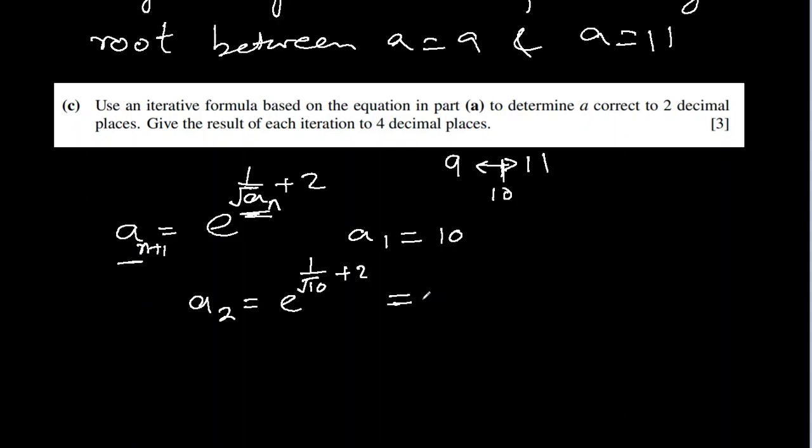Alright, when I use my calculator, I got 10.1372. Okay, they said we have to write each iteration to 4 decimal places. And that's what I've written, 4 decimal places. But our answer will be in 2 decimal places, that will go there. So let's go to the next one. A3 will be e to the power 1 over, and whatever we got A2, that becomes your A here.